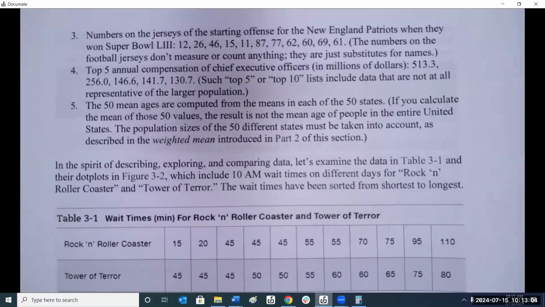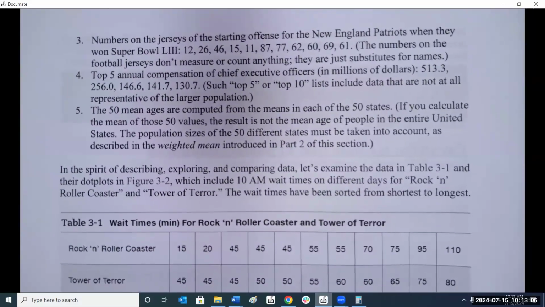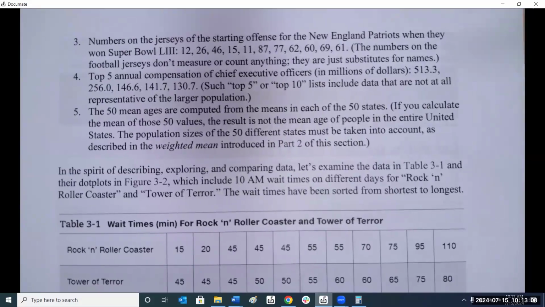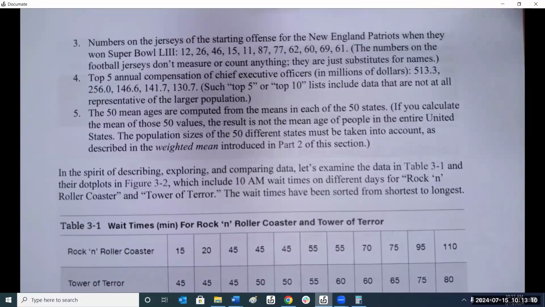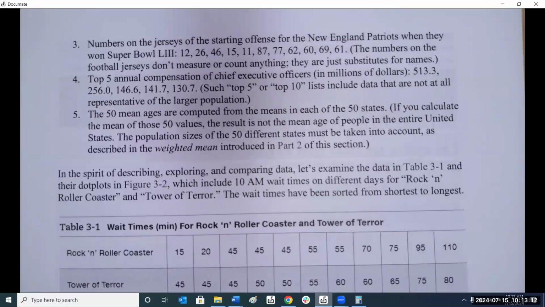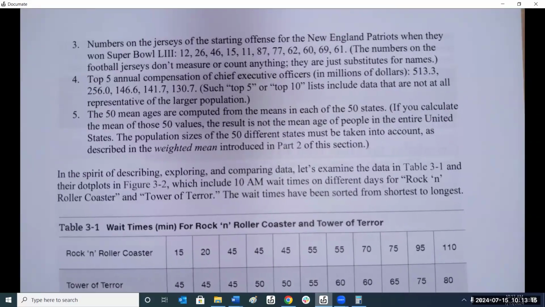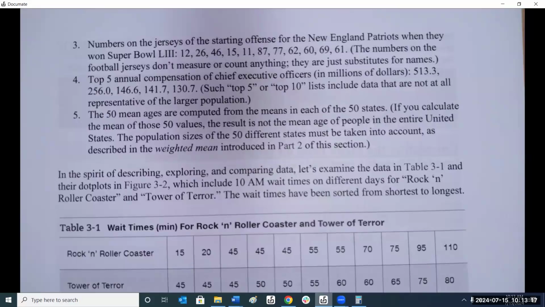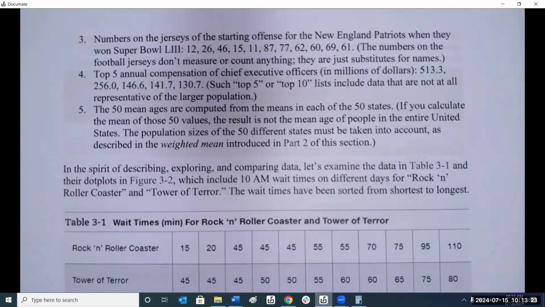Number 3. The numbers on the jerseys of the starting offense of the New England Patriots when they won the Super Bowl. Again, those numbers mean nothing numerically. They're simply labels that represent the individual players. So those are just examples of them.